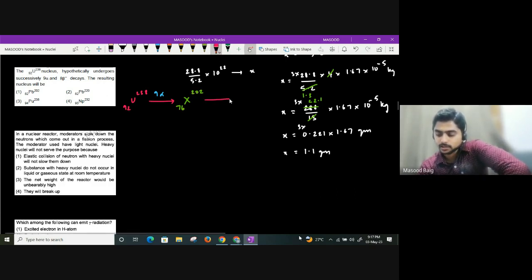Then now it is undergoing 8 beta minus decays. Beta minus decays means mass number no change, but atomic number will get increased by how many times, guys? By 1 time for 1 beta minus. So for 8 beta minus it will get increased by 8 times. So I'll get eventually 84, and here I'm going to get 202.